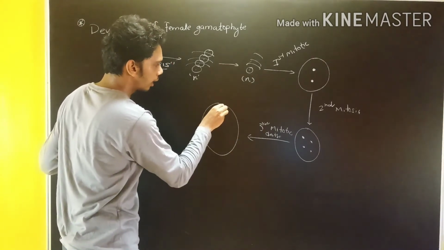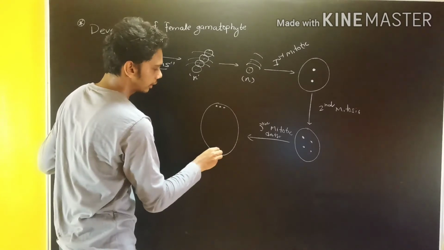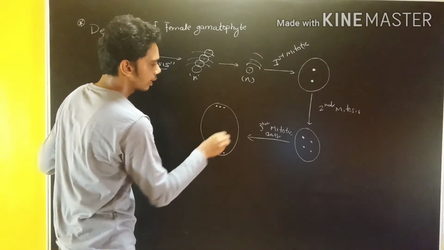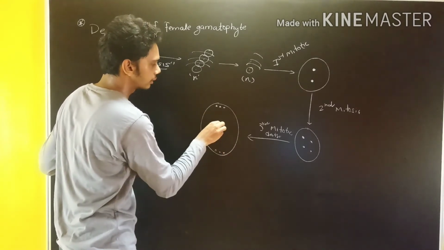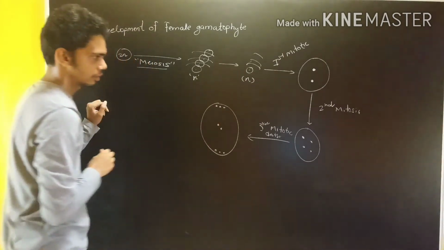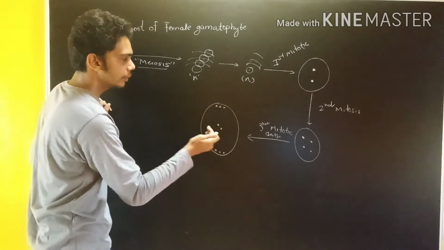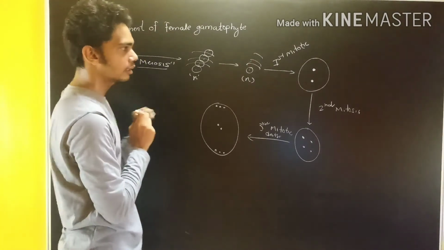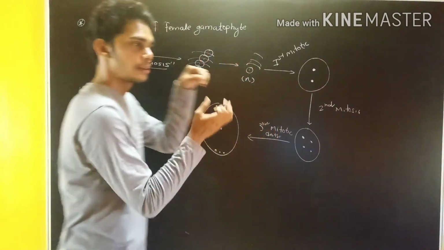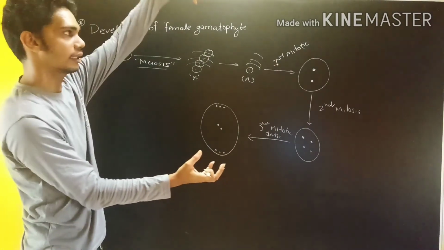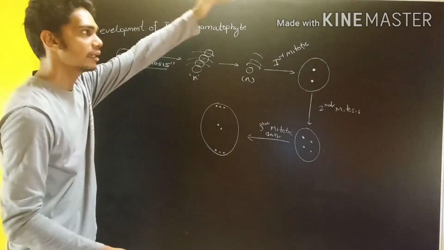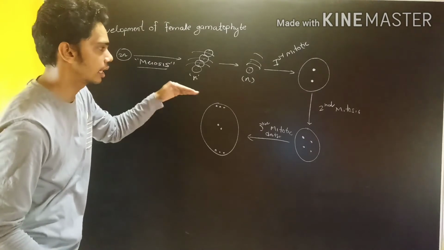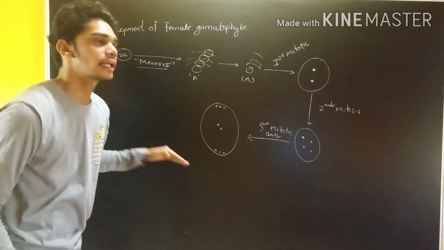3 cells are present at one end, 3 cells at the other end, and 2 cells are present in the center. In the anatropous ovule, we have seen the micropylar end and the chalazal end. Let's consider this the chalazal end and this the micropylar end.